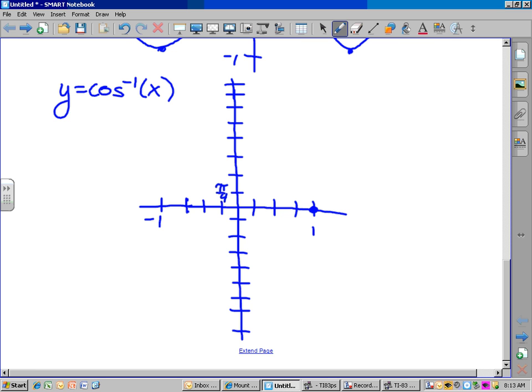And then pi over 4 is at what? 0.7. Pi over 2 is 0. 3 pi over 4 is negative 0.7. And then pi is negative 1. Then we got 0.7, 0, 0.7, whoops, that's not right. 0.7, 1. All right.